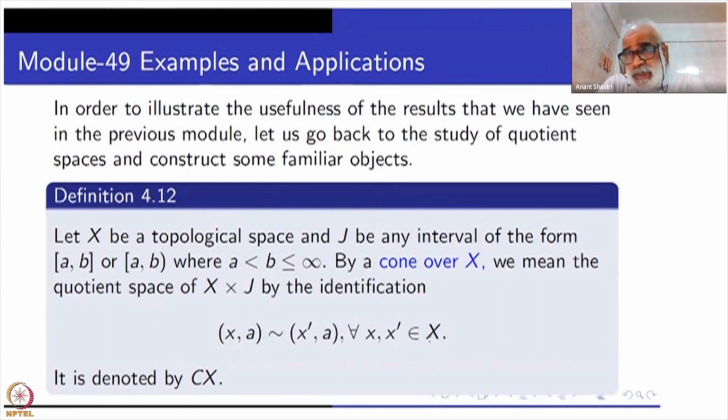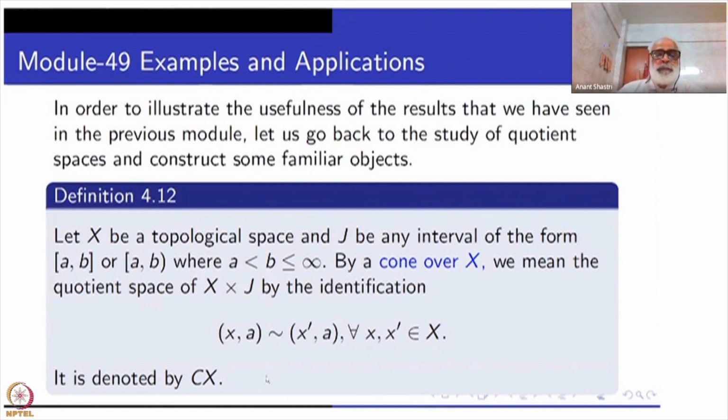And no other identification. That is the meaning of when you define a relation by declaring some rule. The rule is only this one. After that, by reflexivity, transitivity, symmetry, etc., the relation is completed as an equivalence relation.